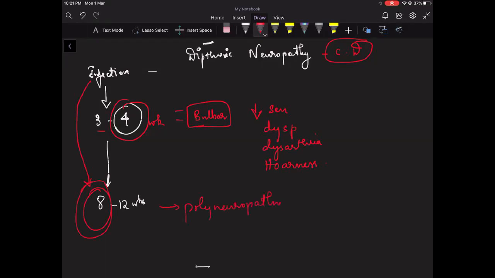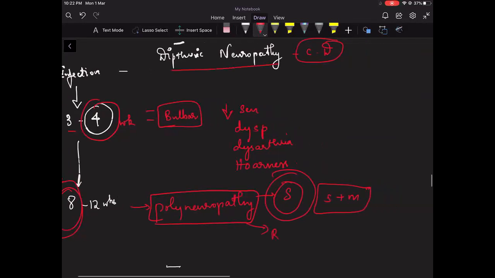So in any polyneuropathy, even with a background in early childhood, we have to ask the history of diphtheria, Corynebacterium diphtheriae. This type of polyneuropathy is usually symmetrical with sensory plus motor involvement. Muscles could be involved later and might require ventilator support also.